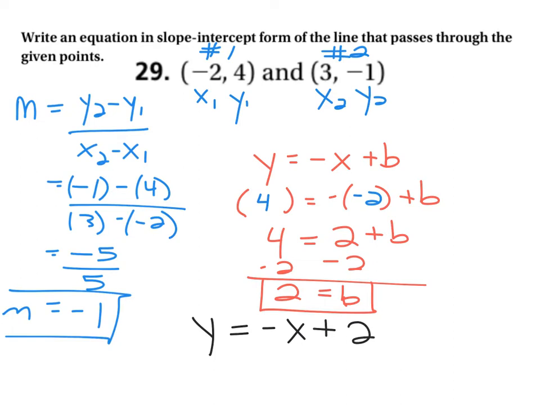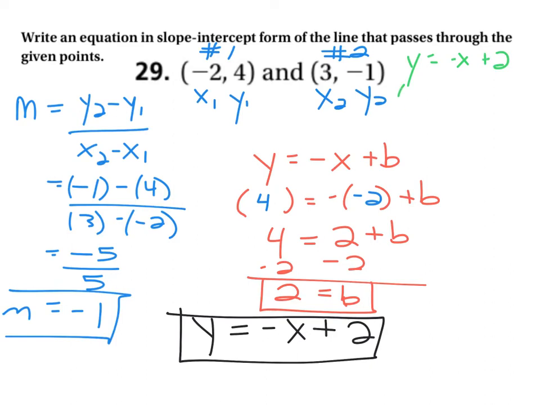And if you wanted to, you could just check by saying, okay, if that was our equation, then what if I plugged in the other point? So I'll do this over here for you. Do it in green. I'm running out of space, sorry, but if we said the equation is y equals negative x plus 2, then we should be able to plug in point number 2's values.